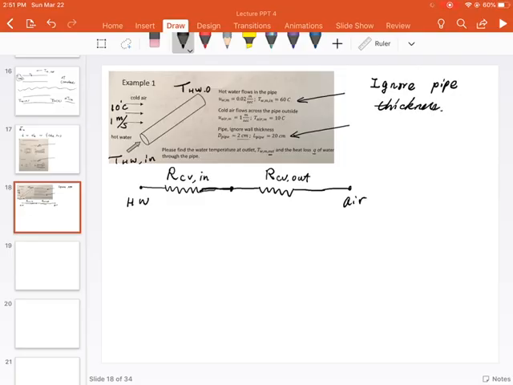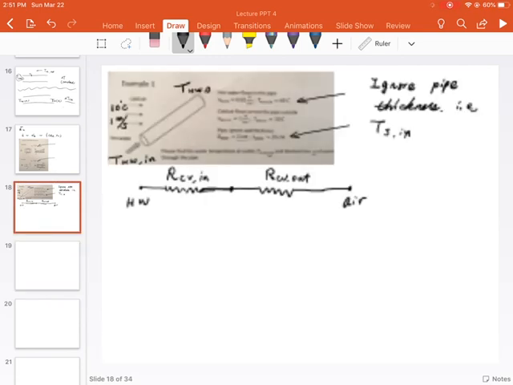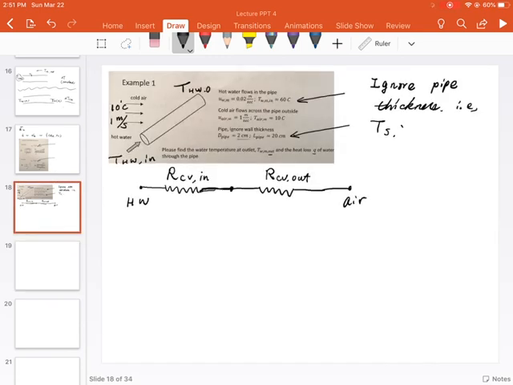In other words, the surface temperature inside the pipe, or the inner surface of the pipe, is the same as the surface temperature on the outer surface of the pipe, and therefore there are only 2 resistances.